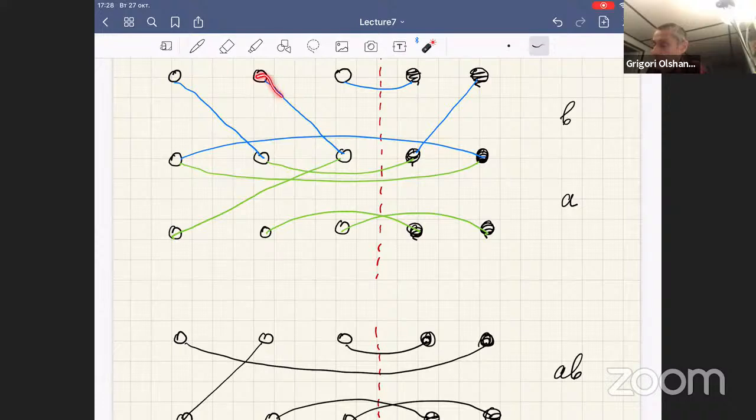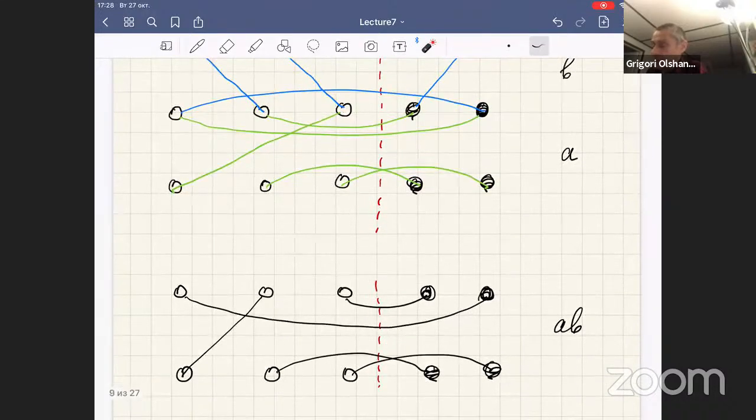So this composition just gives us this vertical edge. In principle, the picture can be more involved, but the result is essentially the same. We get some other element of A, which enables us to correctly define a multiplication.